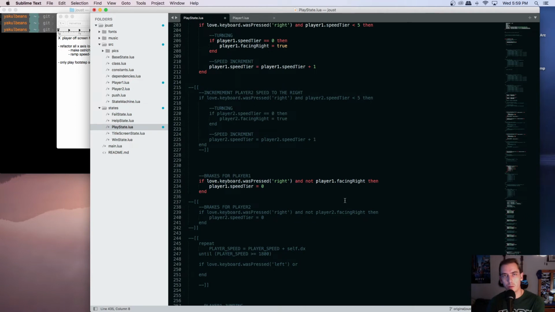But I'm trying to think of if that's going to break it if I shift everything all at once or whatever.